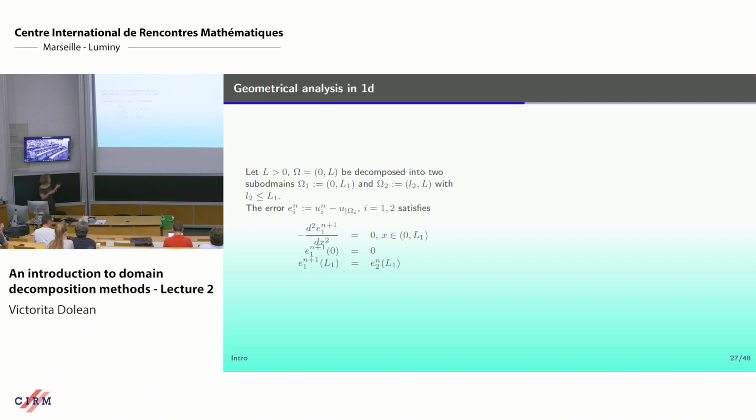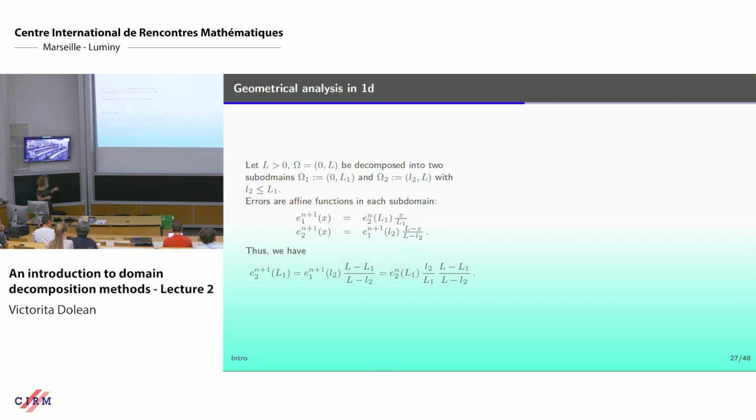In 1D, they simply are linear functions, affine functions that verify some boundary conditions. So you can compute everything. This is in the second domain, the same thing as I told you. And now let's compute the solutions, right? If you compute the solutions, you see they are, as I said, affine functions verifying the zero boundary conditions.